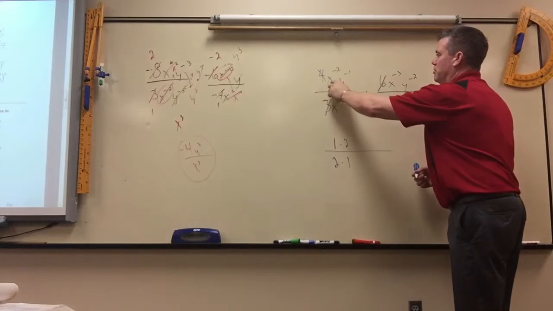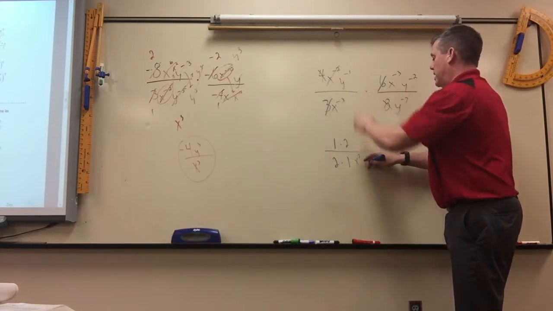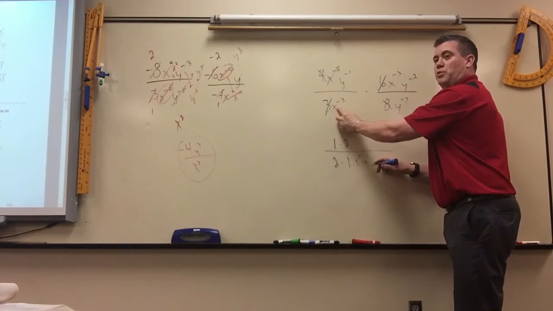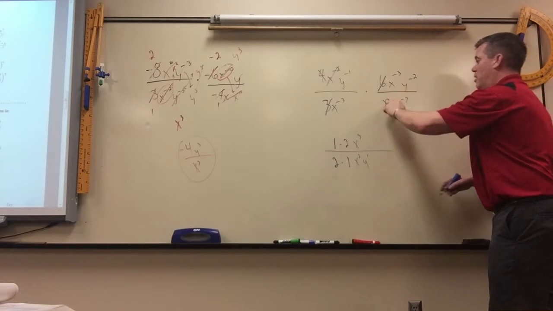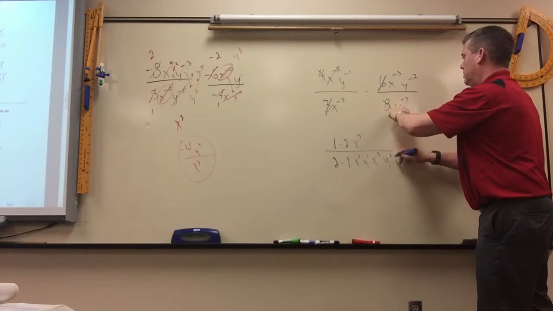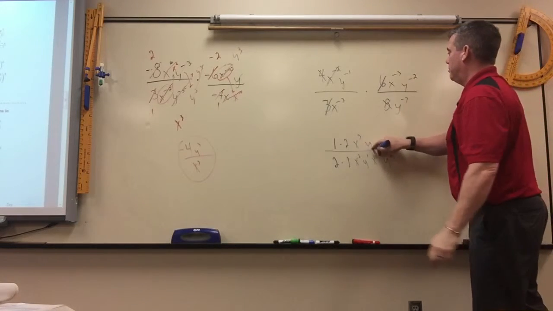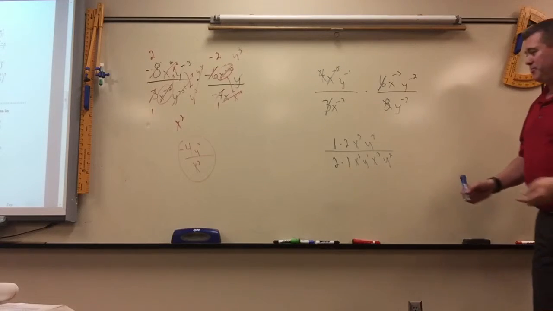Then I'm just going to start moving stuff down. I'm going to move this one down. This one down. This one would move up. This one would move down. This one would move down. And this one would move up. So if you rewrite it like that, then it's a lot easier.